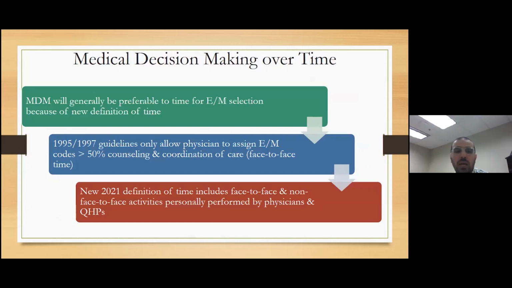Like I said, in the past, for the 1995 and 97 rules, it had to be more than 50% time face-to-face, more than half of it based on counseling and coordinating the care. Now, it's not the case. It does not have to be face-to-face, and it does not have to be the physician doing it themselves.